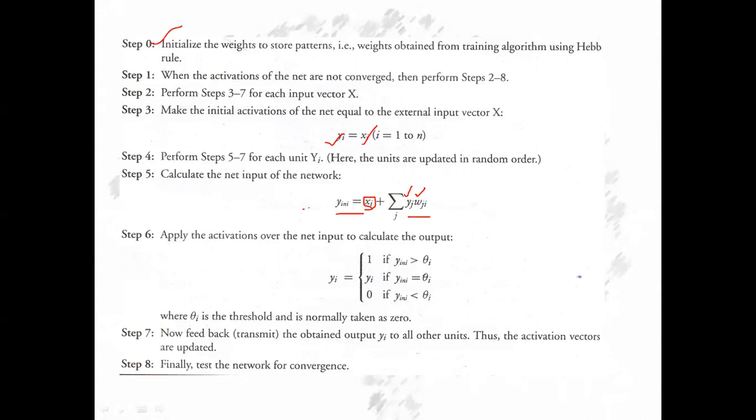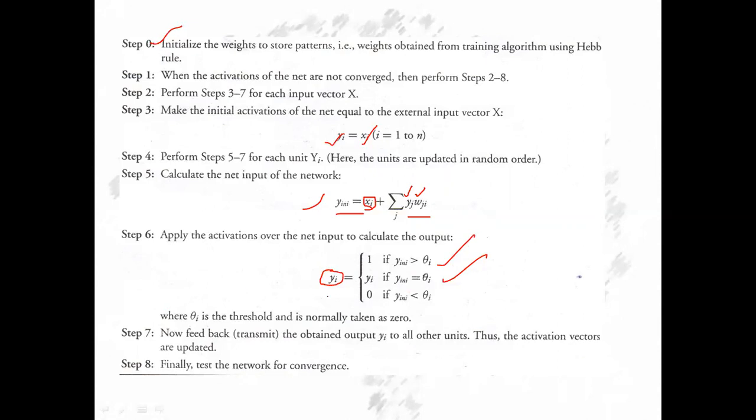After finding the sum of input, we need to apply the activation function, which is a step function in nature. So we calculate the output at neuron number i after applying this activation function.